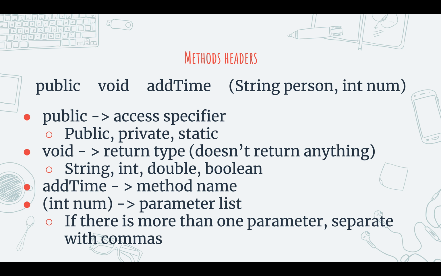So if I call add time and then I put, let's say, foson comma 3, then string person gets set equal to foson, and then integer number is going to be set equal to whatever number I just said. I just lost my train of thought. Most likely 1, right? So then integer number is equal to 1, and then we can use that within our method, and we will most likely use them in our methods because we included them within our arguments.